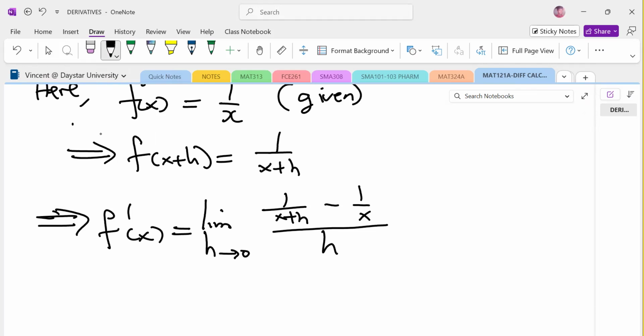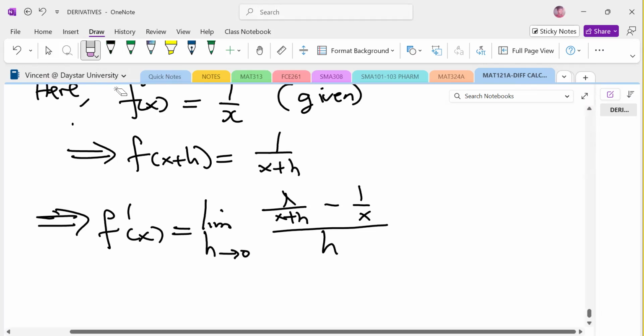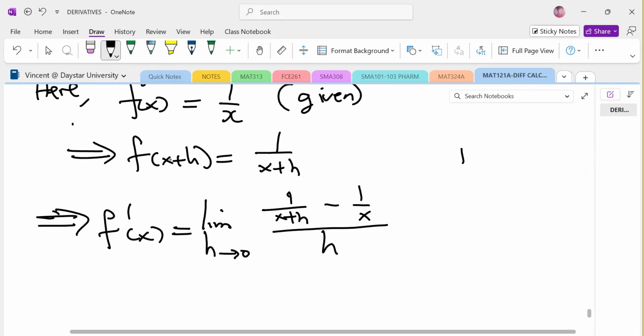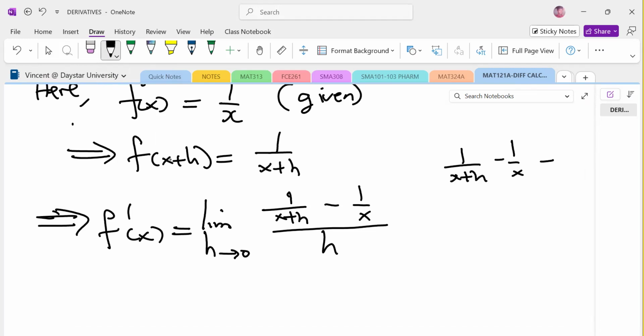So here what we do is put this as one fraction, write the numerator as one fraction. So 1 over x plus h minus 1 over x, the LCM is x times x plus h.